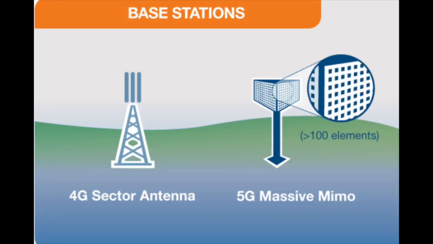This graphic shows both 4G and 5G antennas. Since 4G has a small portion of the electromagnetic spectrum consisting of large wavelengths, it will not require as many elements for its traffic. The 5G antennas use a much larger portion of the electromagnetic spectrum consisting of smaller wavelengths.